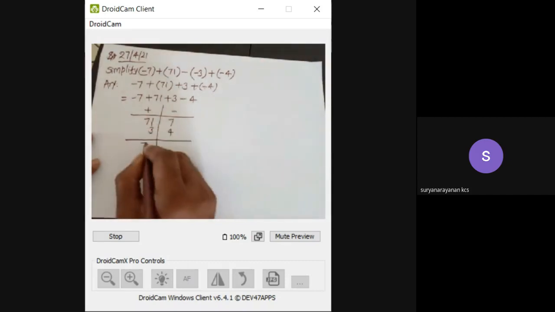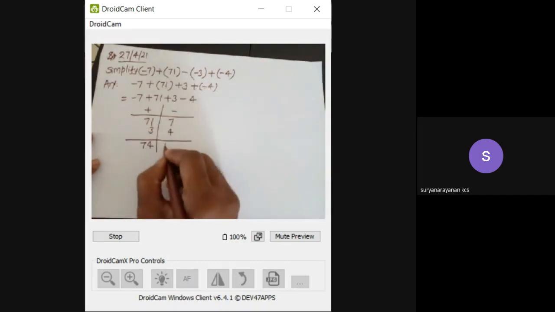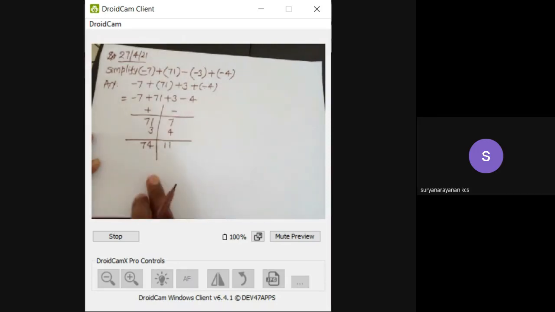Then what will you get here? 74. Here we get 11. We simplified. All the numbers under the plus box were added, and all the numbers under the minus box are also added. We got only 2 numbers. Under the plus box, only 1 number, 74. Under the minus box, only 1 number, that is 11.